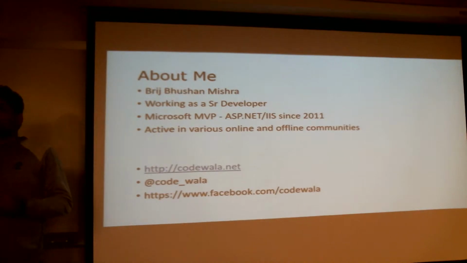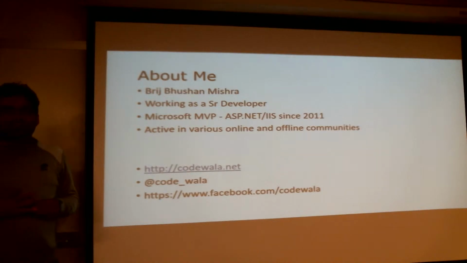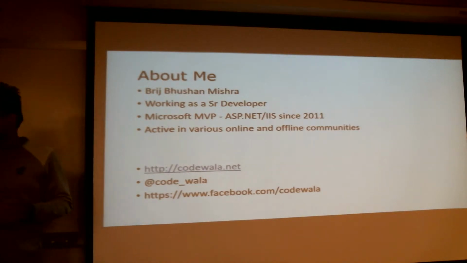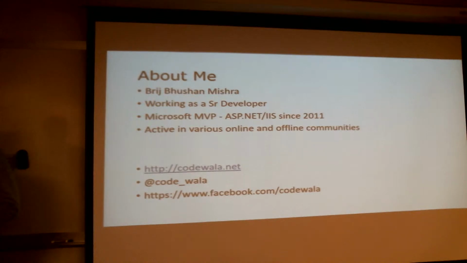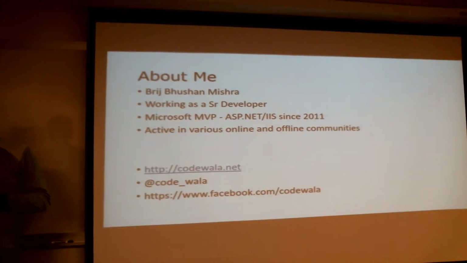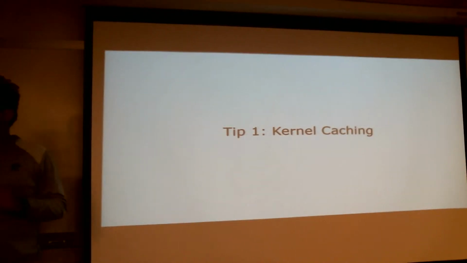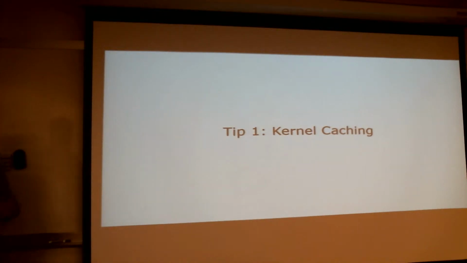One of the toughest things in caching is how to invalidate the cache and how to refresh it. I'm also going to talk about kernel caching. Has anyone used kernel caching? No.